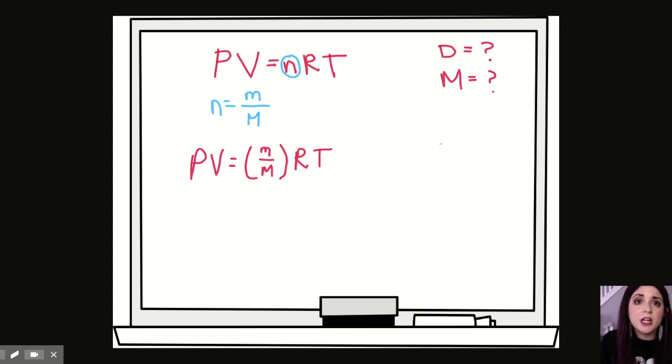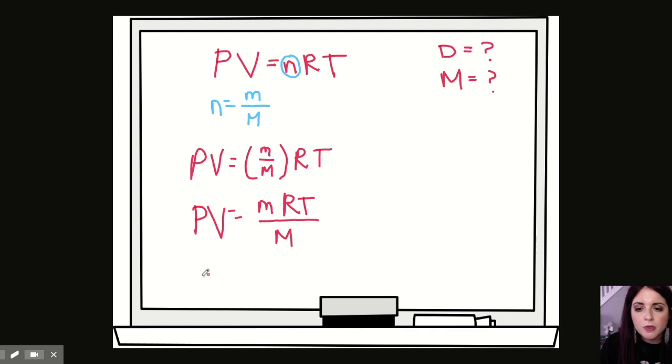And to solve this for molar mass, we're just going to rearrange this equation a little bit. So PV equals little m RT over capital M, molar mass. And if you rearrange this a little bit more, you would find that the molar mass of a gas is equal to the mass of the sample times R times T divided by its pressure and volume.